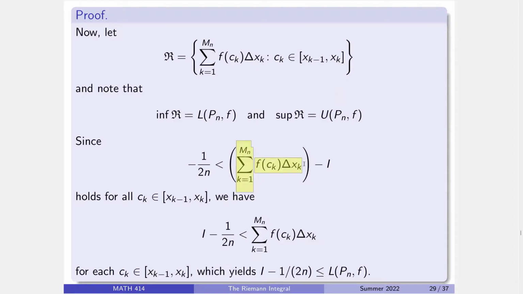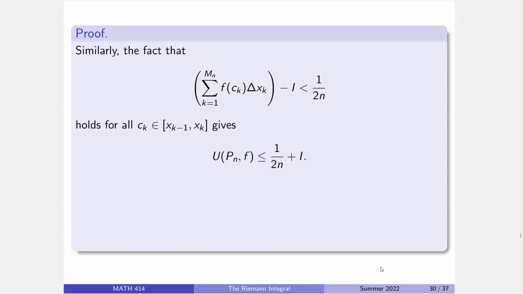That means if I look at all possible Riemann sums with respect to the partition P sub n, and subtract I from them, that cannot get any smaller than negative 1 over 2 to the n. In other words, I minus 1 over 2 to the n is a lower bound for the set of all possible Riemann sums of the function f on the partition P sub n. Since that is a lower bound and the lower Darboux sum is the greatest lower bound, we must have this inequality.